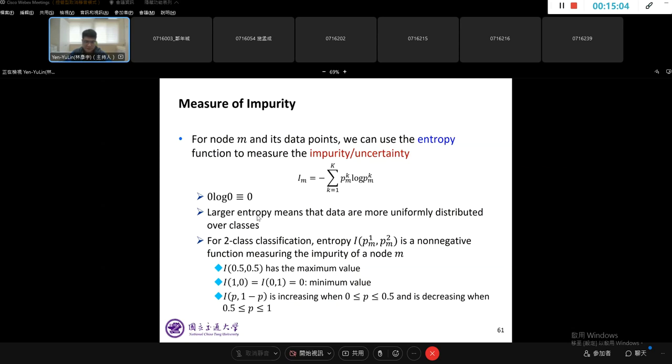So in this situation, the degree of uncertainty or impurity is high. Please remember this equation, the definition of entropy and its meaning. We are going to use this concept again.